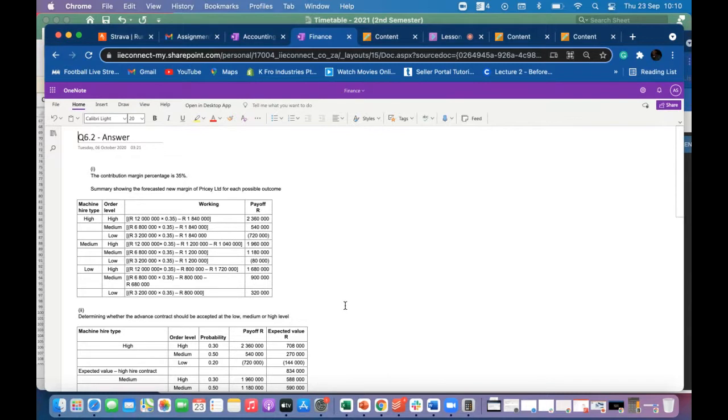No refund is available where the level of machinery hired is in excess of that required to satisfy demand.